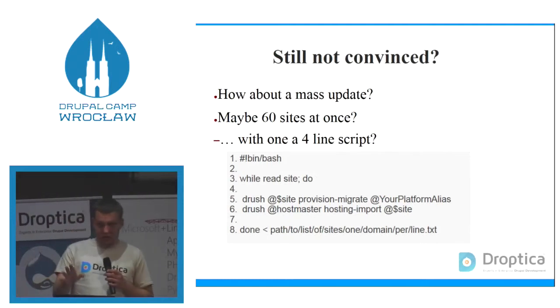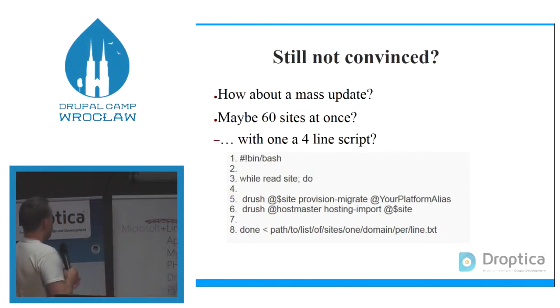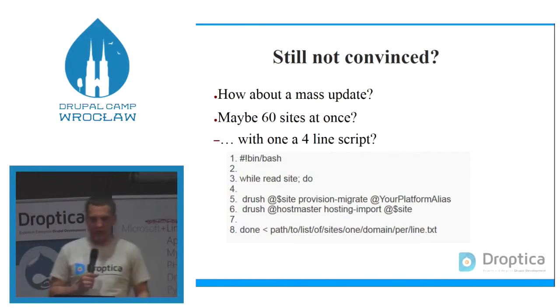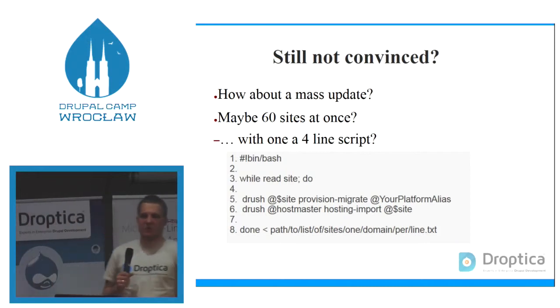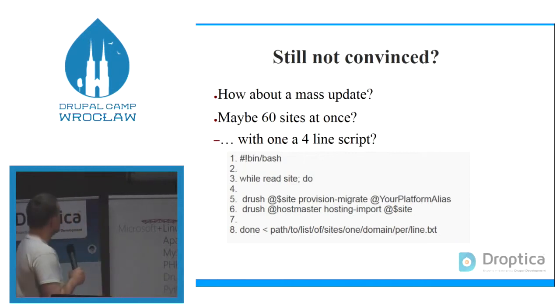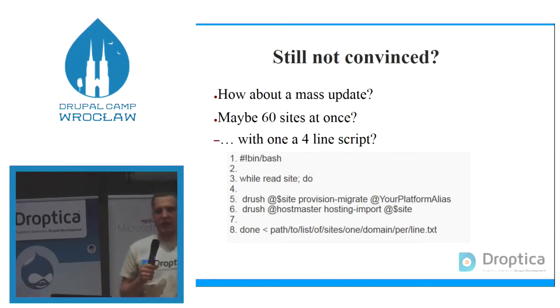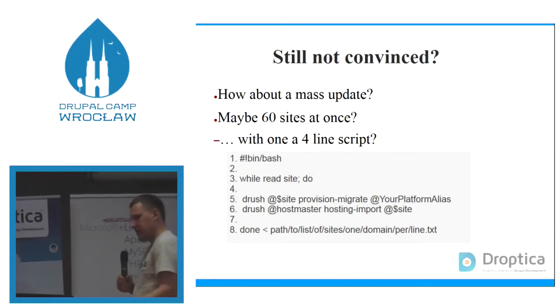But if you're still not convinced, how about if we do a mass update? For example, if we updated 60 sites with one script, four lines of script, right? Because that's one thing: Aegir is based on Drush, and it uses Drush extensively.